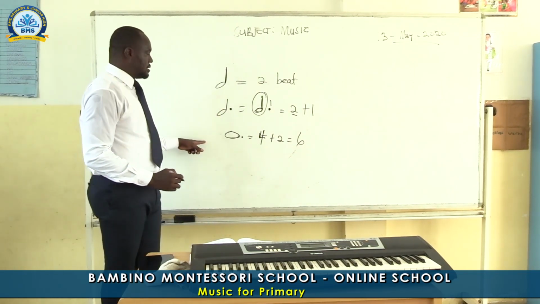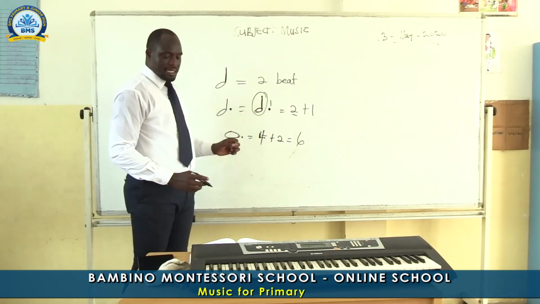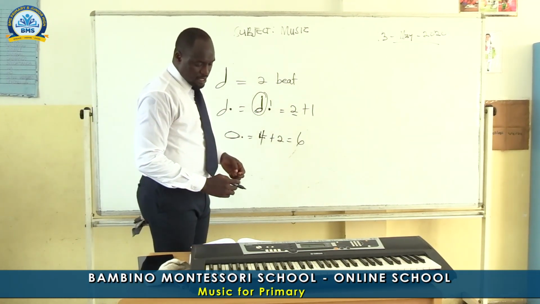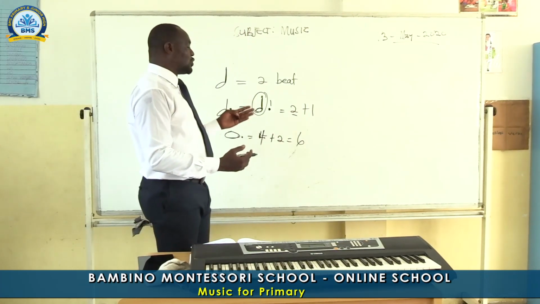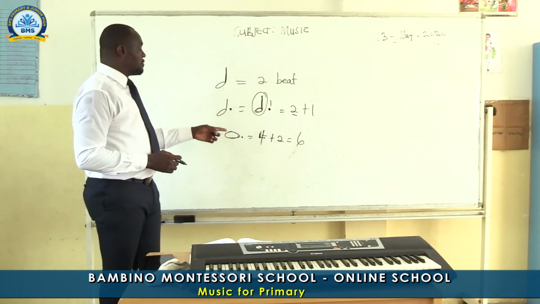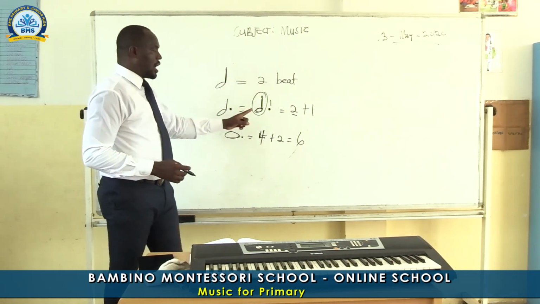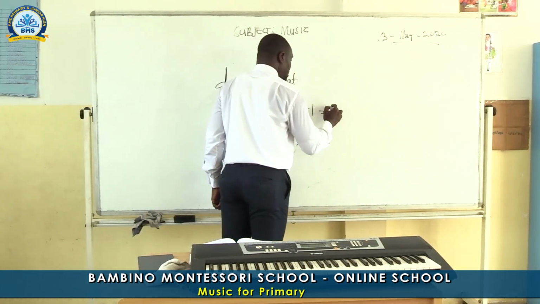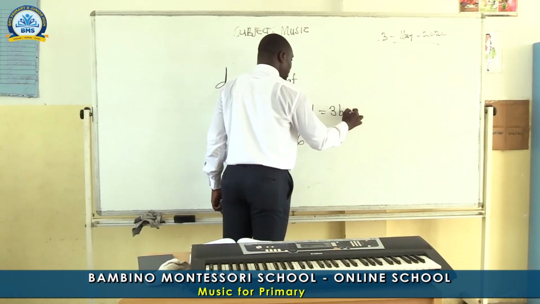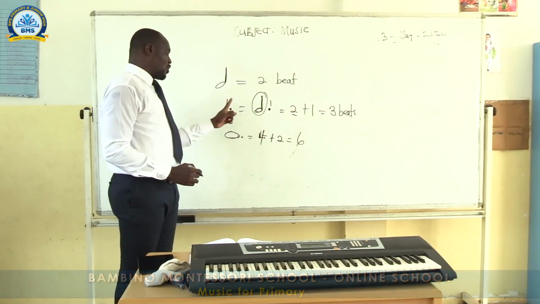Is that clear? A dotted note means lengthen the note by half again, half the value of the note. So if the note is 2, half of 2 is 1, so add 1 to 2 and you have 3 beats. If it's a whole note, add half of the whole note.